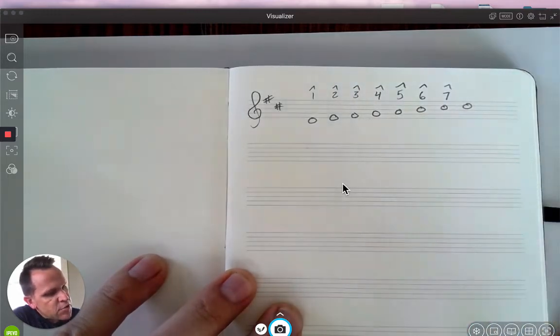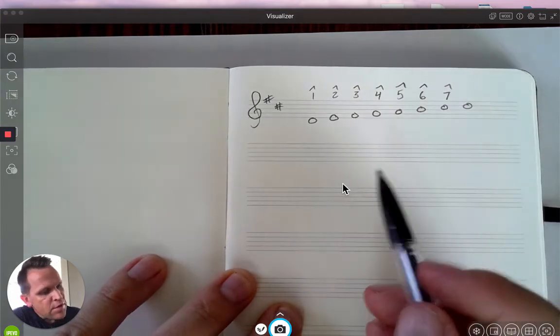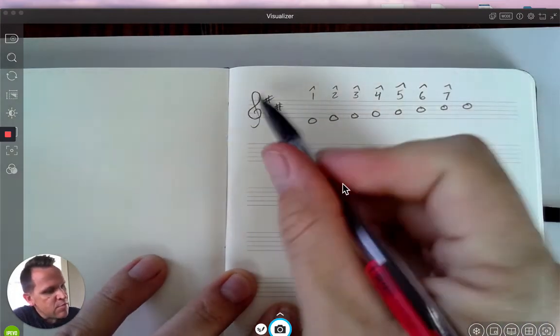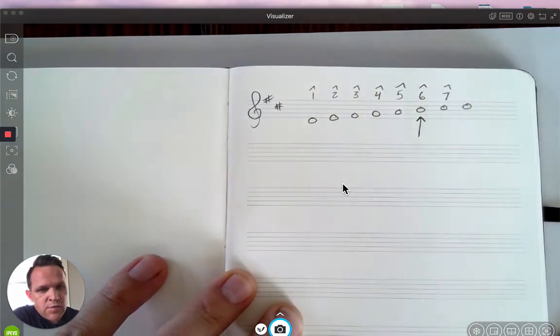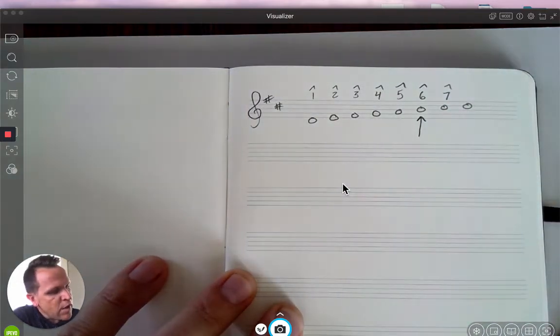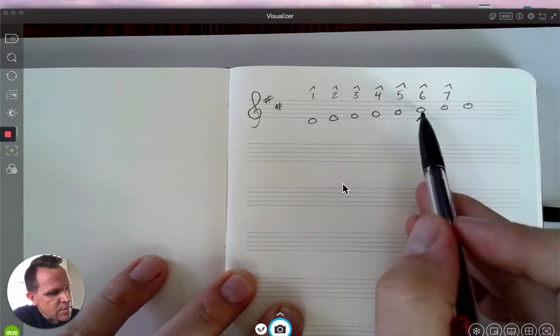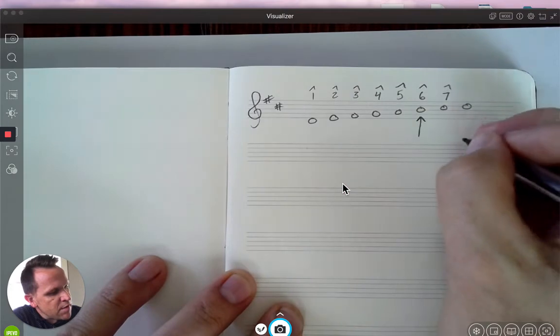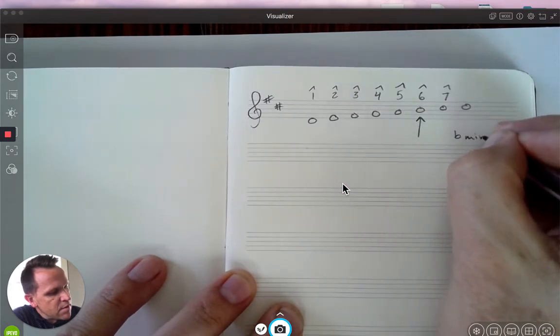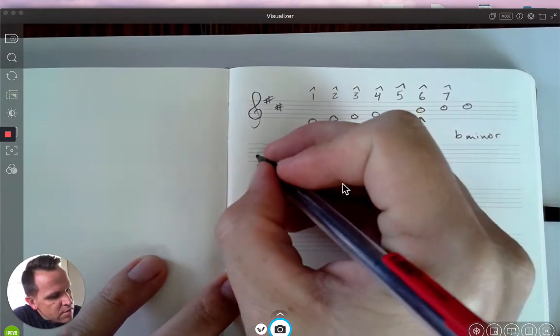And again, if I'm trying to find my relative, the key that shares the same key signature but is minor, it's going to be built off of the 6th scale degree, or la. And so the relative minor to D major is B minor. So the key signature for B minor is the same.